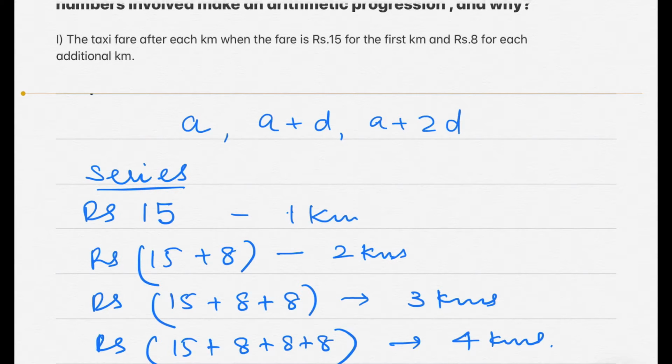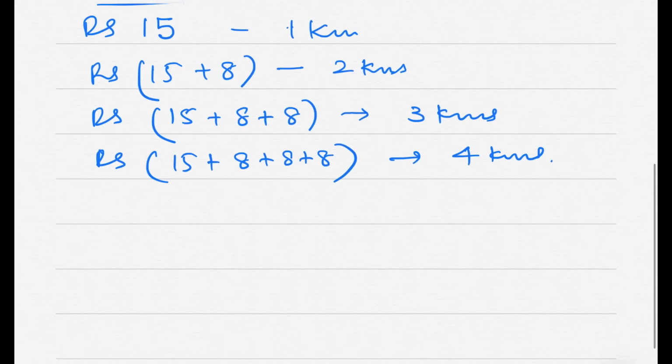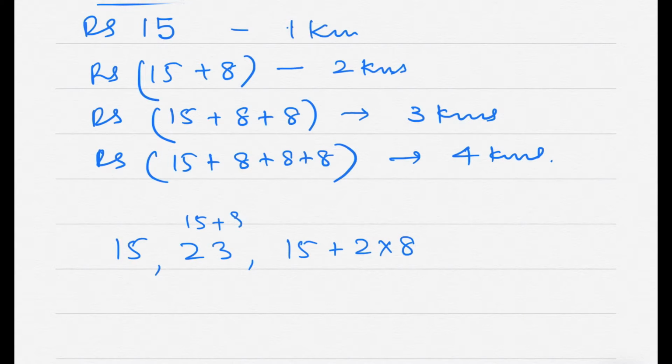Now my series becomes 15, and then I have 23, or I can say 15 plus 8, and then 15 plus 2 into 8, and this will be 15 plus 3 into 8.